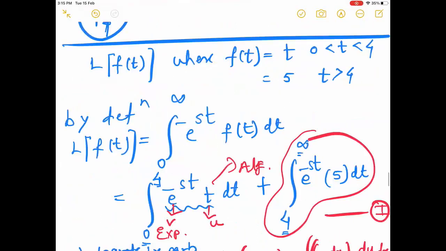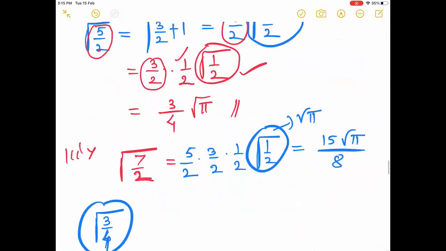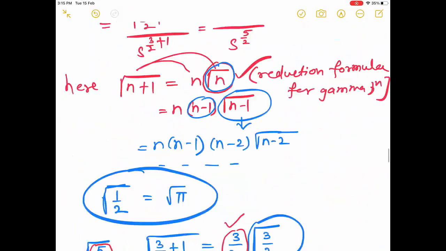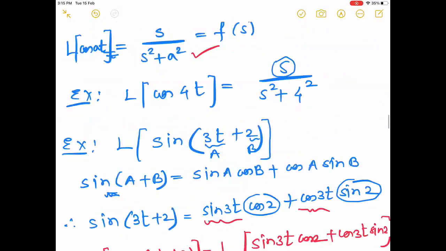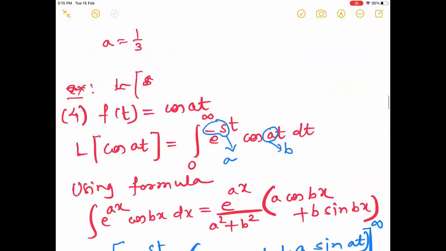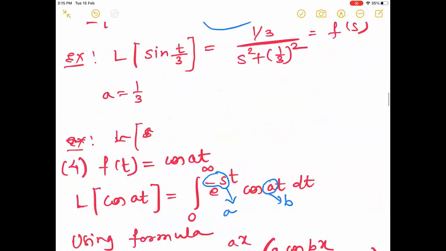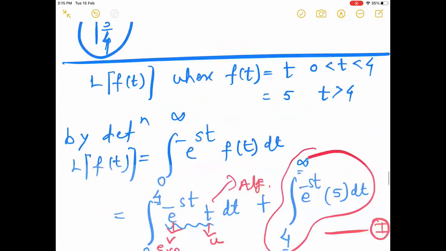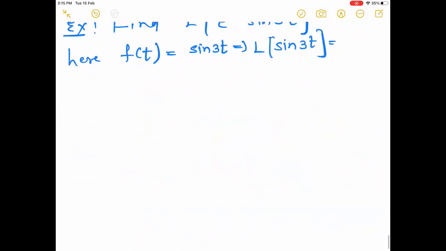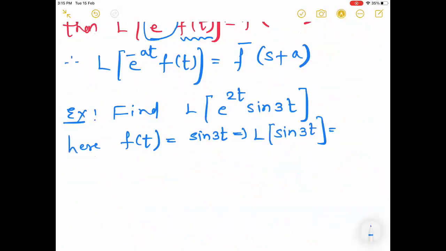S upon s square plus 9. Now you are telling me cosine; I'm asking about sine. The sine function transform is this one: 3 upon s square plus 9. Yes. The a answer is 3. So we are getting the transformed value as 3 upon s square plus 9.